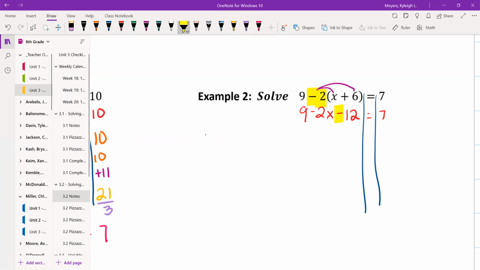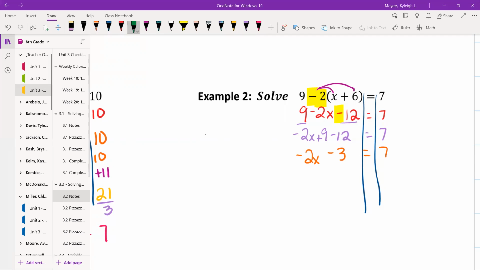All right, so now we combine our like terms. Our like terms are 9 and 12, so I'm just going to rewrite it as a step and bring our minus 2x down, right? Okay, so 9 minus 12 is negative 3. Our negative 2x comes down again, and so does our 7.